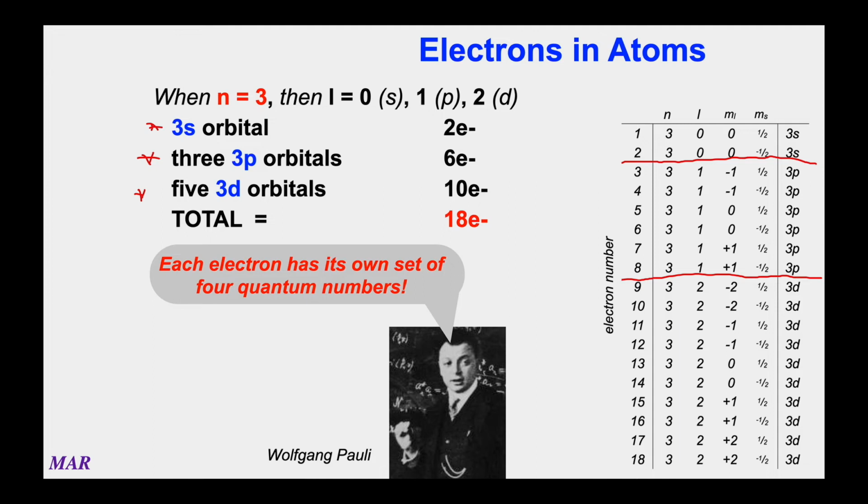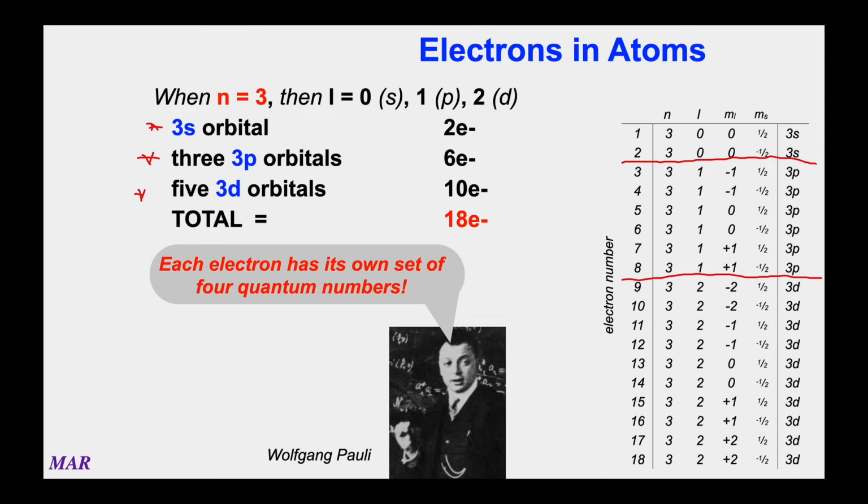Notice the patterns. Quantum chemistry and quantum physics is just filled with patterns. 2 electrons per s orbital, 6 electrons per p, 10 electrons per d. Notice there's a gap of 4 electrons between those numbers. We're going to see this pattern continued. When all is said and done, the n equals 3 shell is going to have 3 subshells, the 3s, 3p, and 3d.